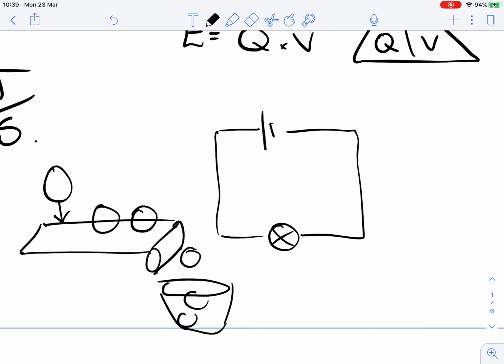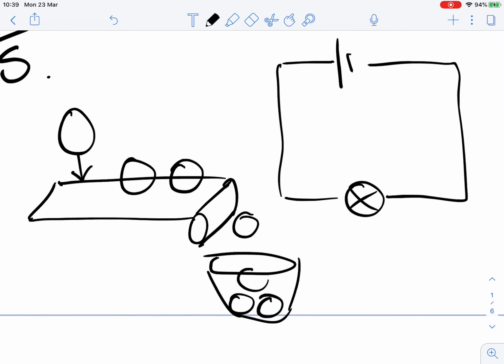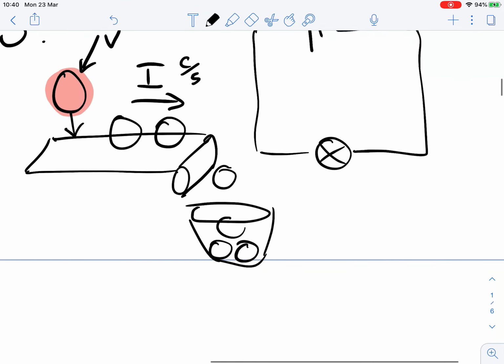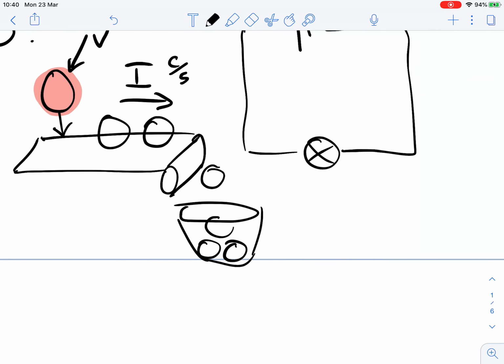And there's two things that are going to affect how much energy we end up collecting. One is how many joules per coulomb. So what's the voltage? The other one is how much flow there is, how much current, how many coulombs per second there is. And then the final one is how long has it been going for, how time.